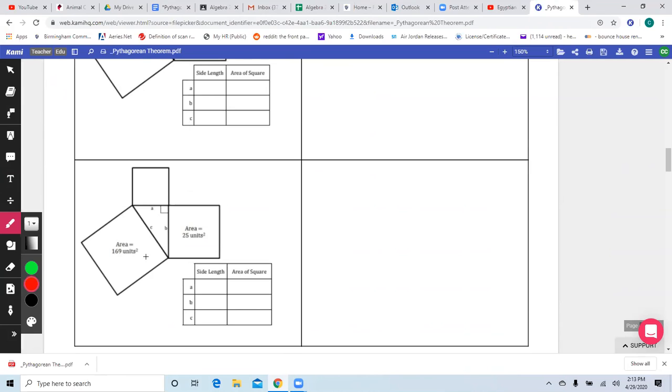The one that's 25 and 169. So this time, they give me the area of the square for B is 25, and they give you the area of the square for C is 169. So we're trying to find A here. We're trying to find all of the sides, but remember, to go from here to here, you just square root. The square root of 25 is 5.